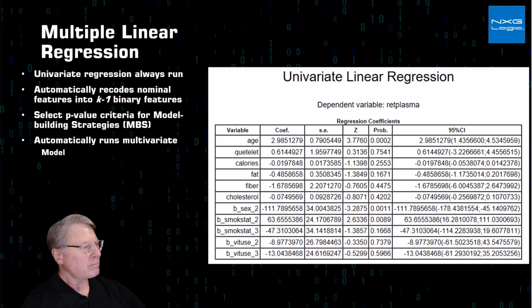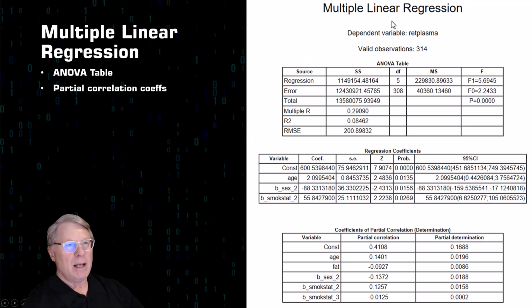And as I said, Explorer will run the model building strategies, MBS, using p-value cutoffs from the univariate linear regression. And then after univariate linear regression models are run, the multiple linear regression model is run with the variables simultaneously, so it's a joint model. You get an ANOVA table, the coefficients.